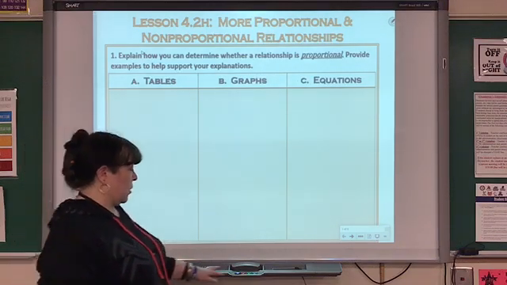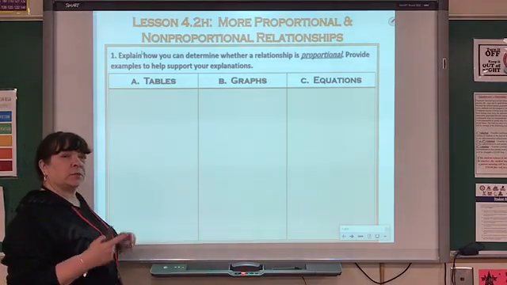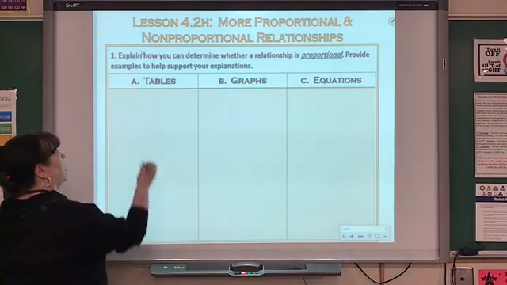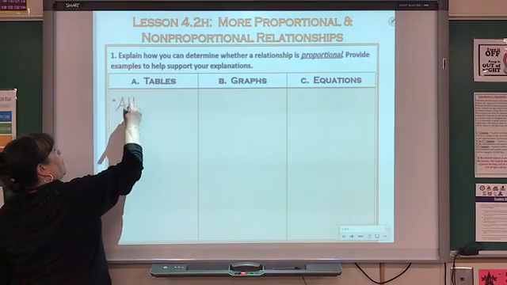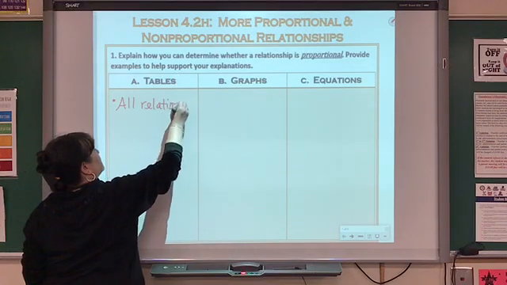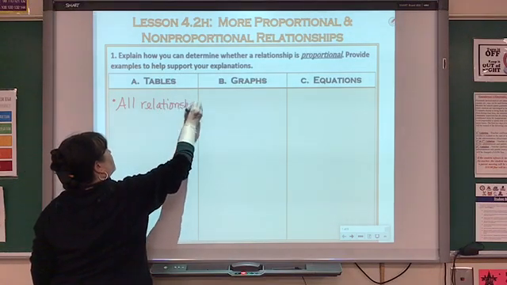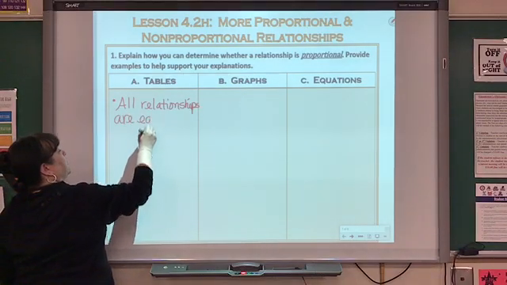So, for instance, with tables, for a table to be proportional, first of all, relationships are equivalent.